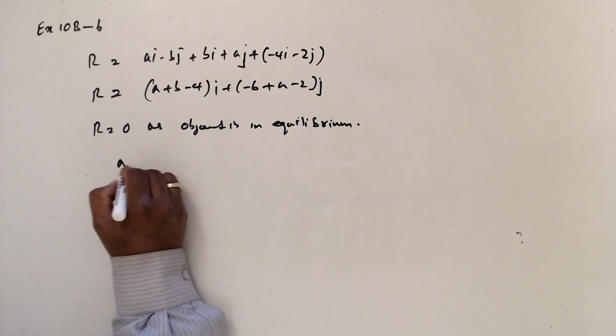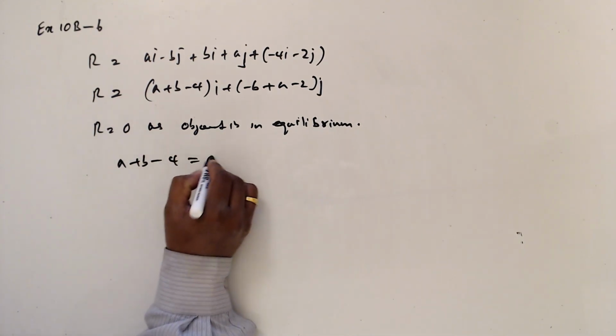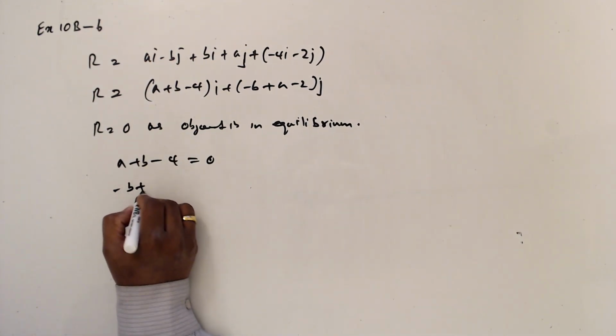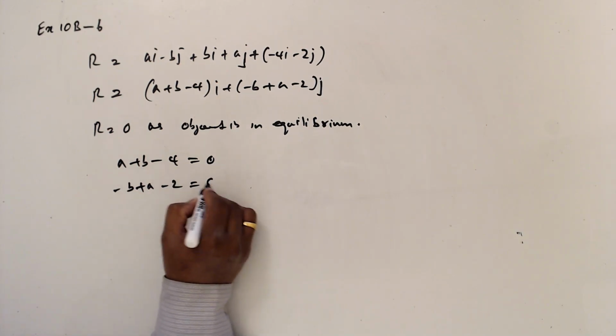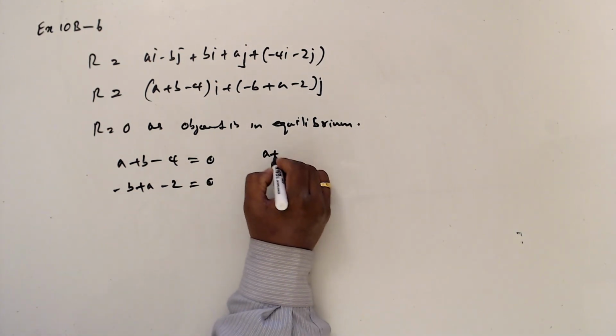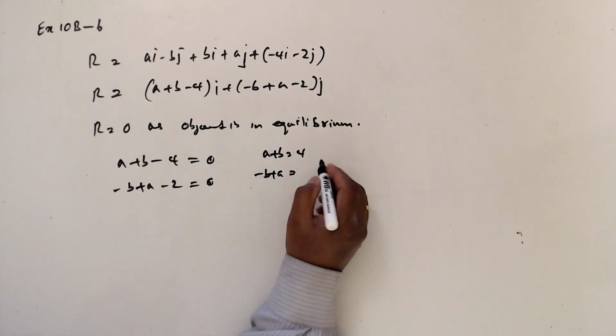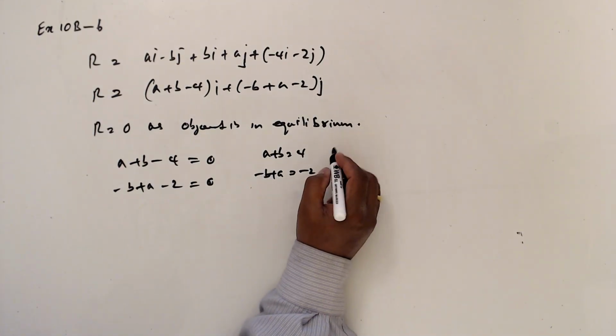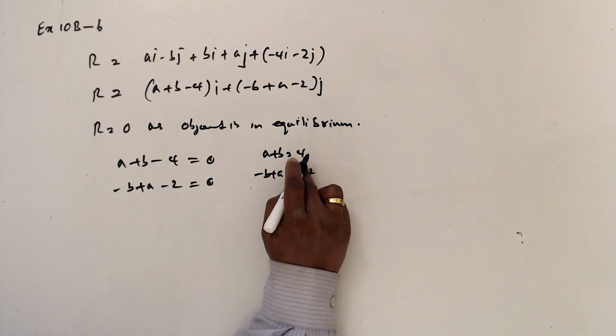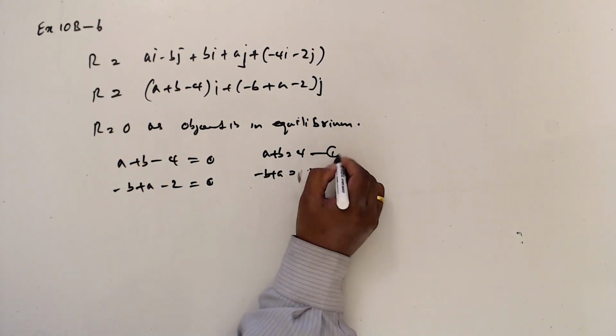So a plus b minus 4 equals 0, and minus b plus a minus 2 equals 0. So a plus b equals 4, and a minus b equals 2. This is 1 and 2.